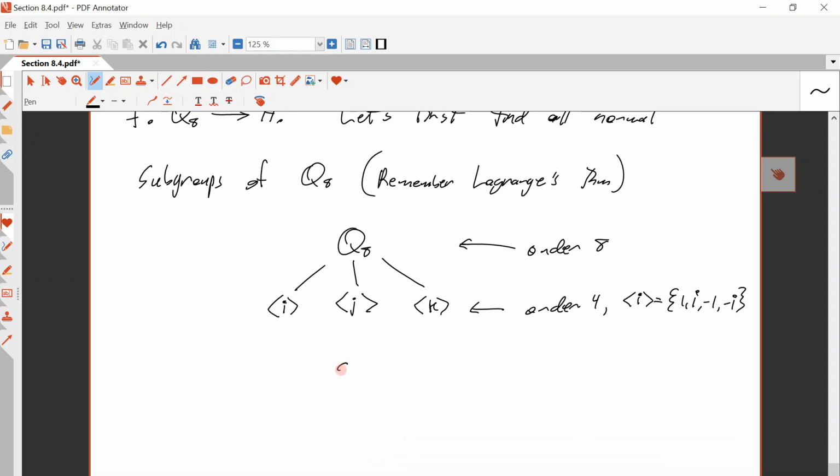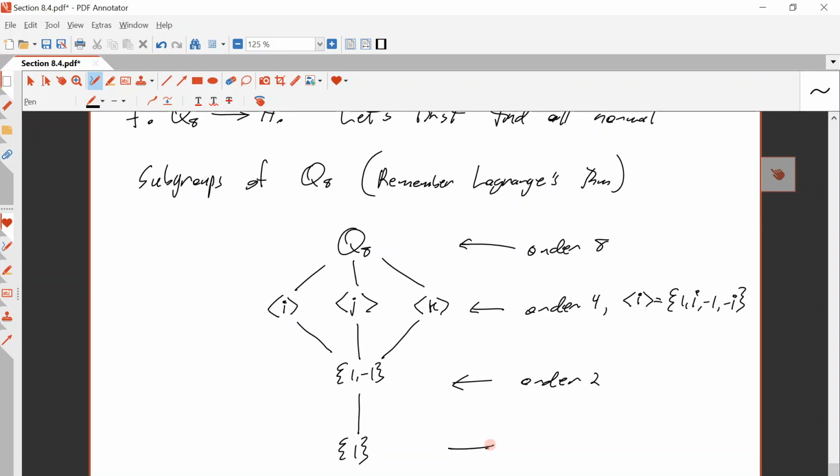And those all contain the subgroup {1, negative 1}. That's the center of Q8. And then there's the subgroup containing just 1, order 1. So that's all the subgroups of Q8.